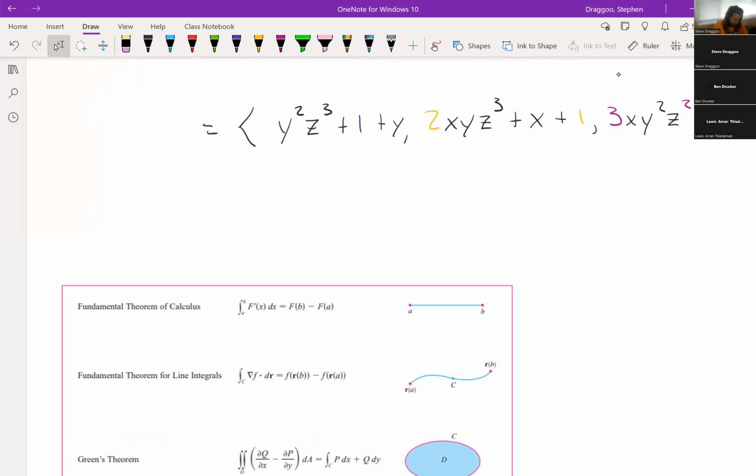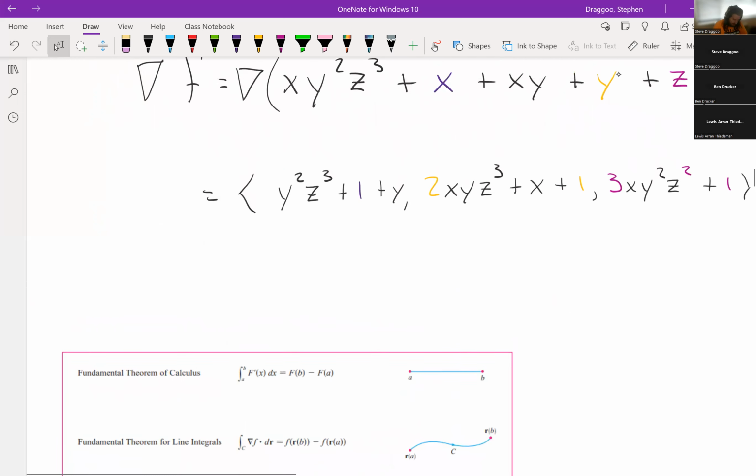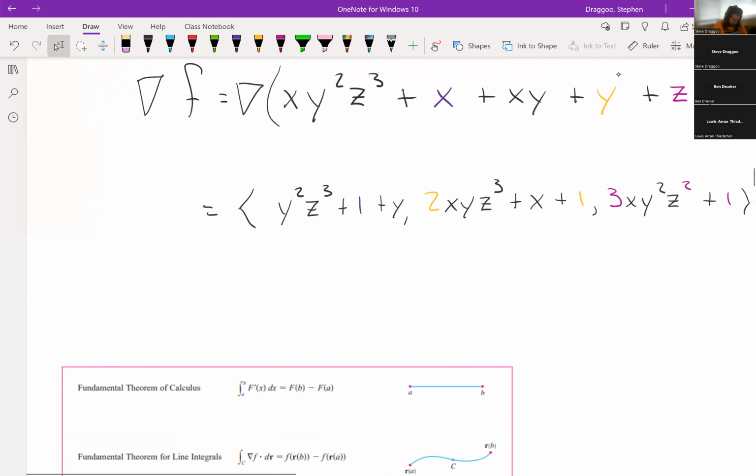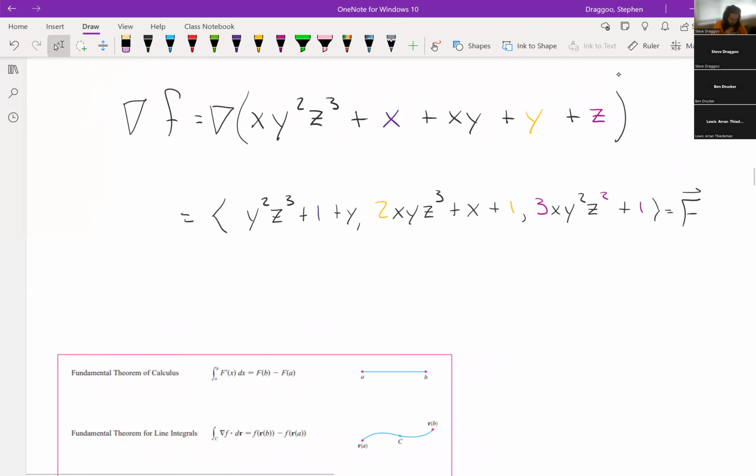So the reason that we care about finding this scalar function up above, where the gradient of that function is our vector field, is so that we can adapt the fundamental theorem of calculus to line integrals. Then we call it the fundamental theorem for line integrals instead of the fundamental theorem of calculus, but it's the same idea.